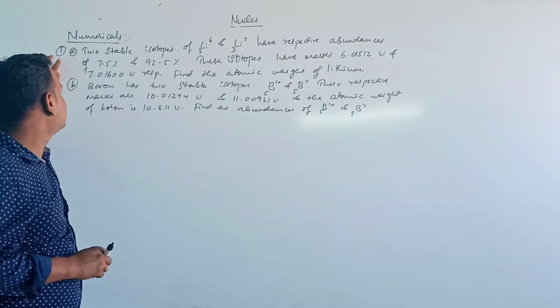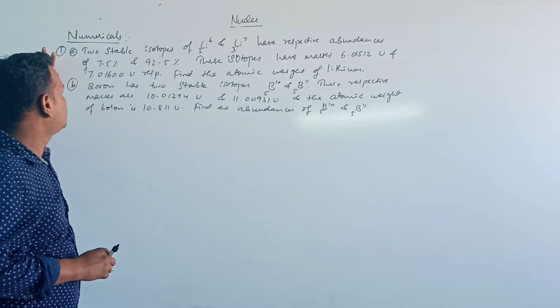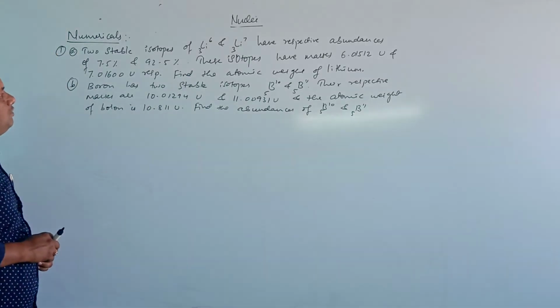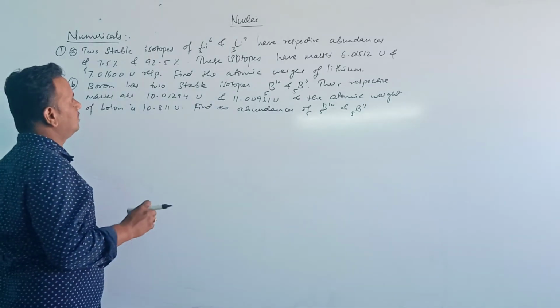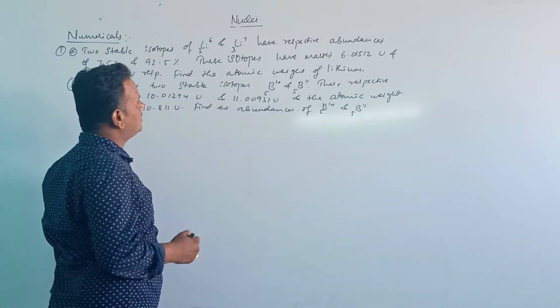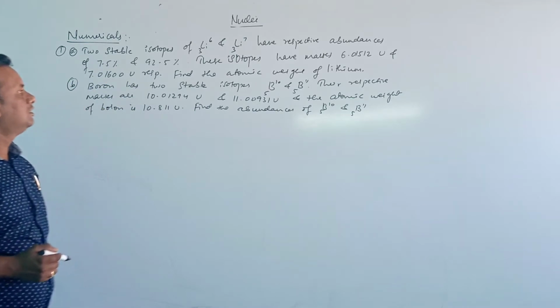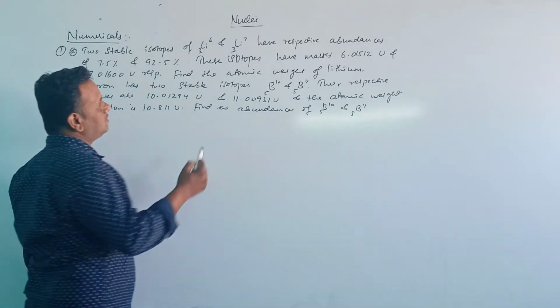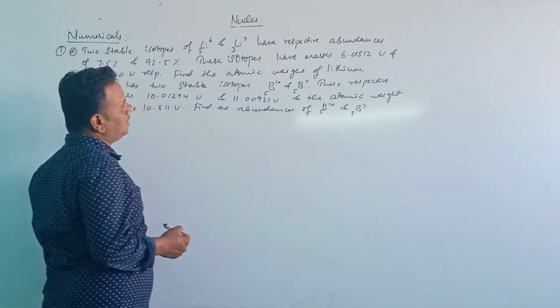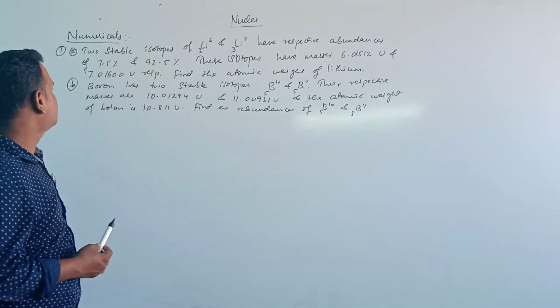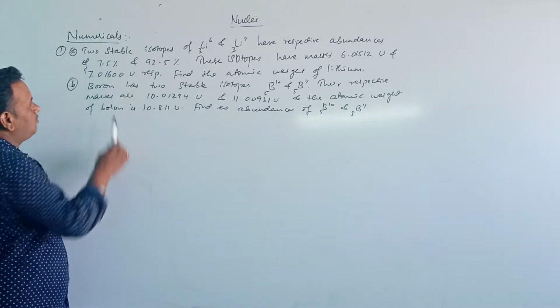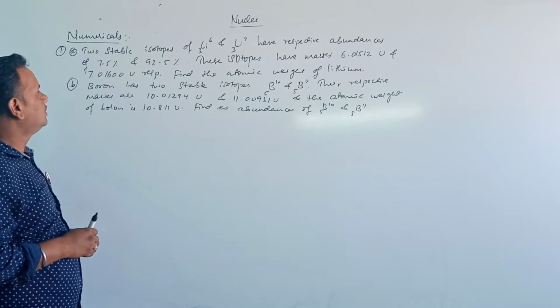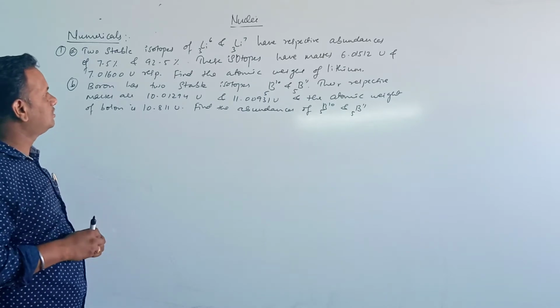The question is that the two stable isotopes of lithium, having mass number 6 and atomic number 3, and mass number 7 and atomic number 3, have respective abundances of 7.5% and 92.5%.